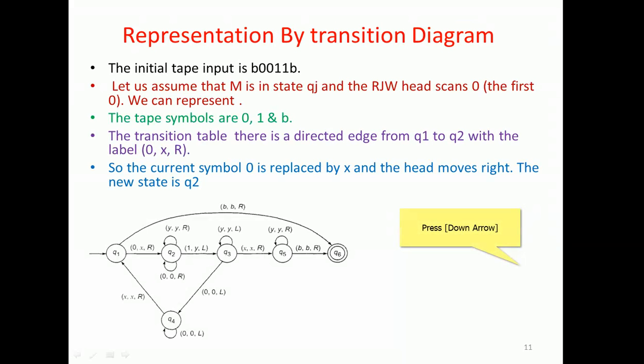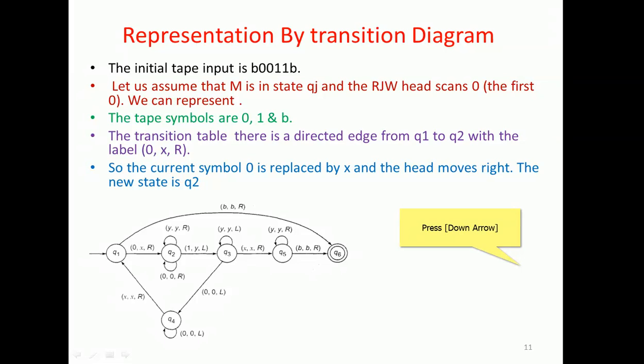Similarly for the other 0, it will be replaced by x and it will come to the left side, and it reaches the final state Q6. When a blank is there, it keeps the blank as it moves towards the right side. 1 will be replaced by y, 0 will be replaced by x.